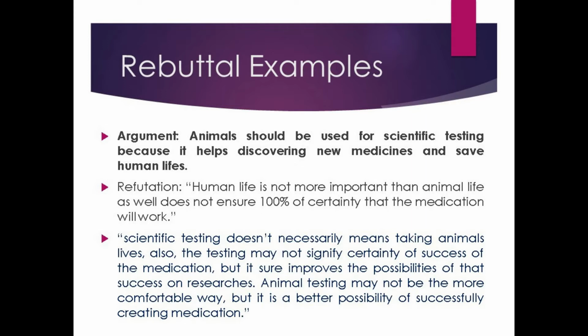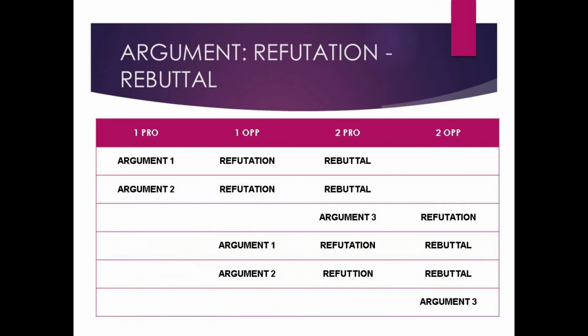Also, the testing may not signify certainty of success of the medication, but it sure improves the possibilities of that success on researches. Animal testing may not be the more comfortable way, but is a better possibility of successfully creating medication.